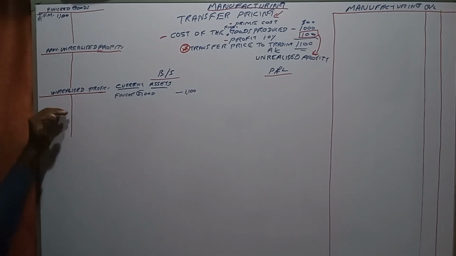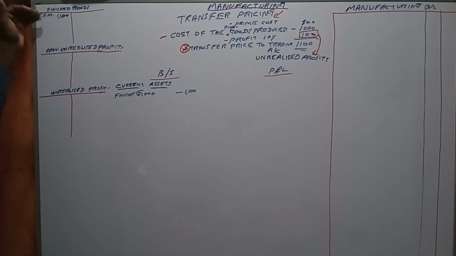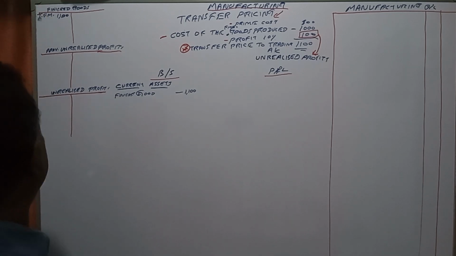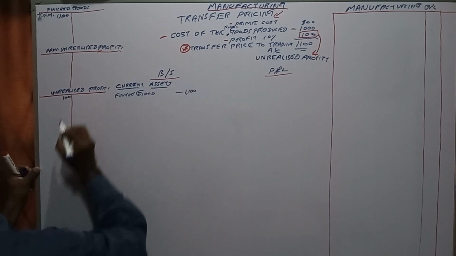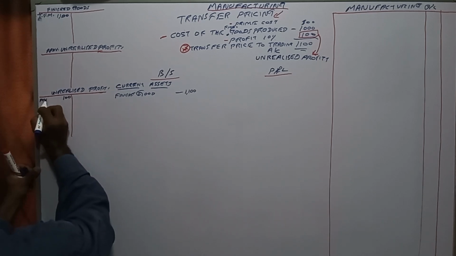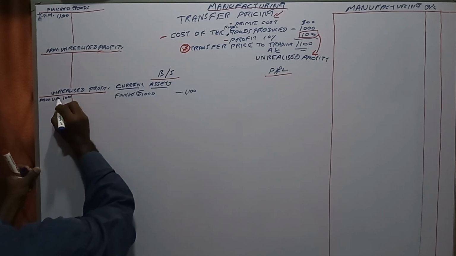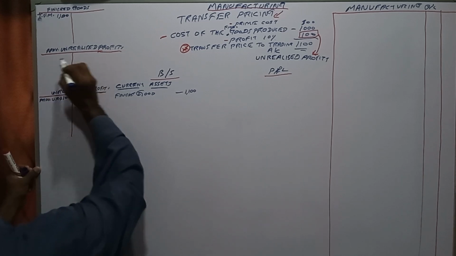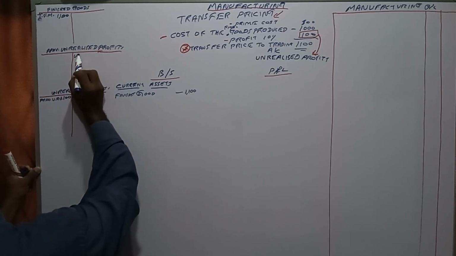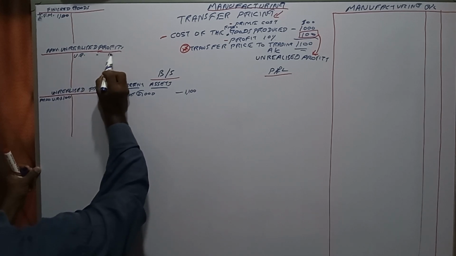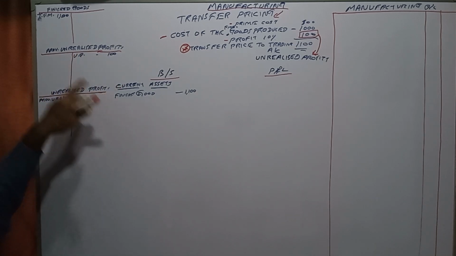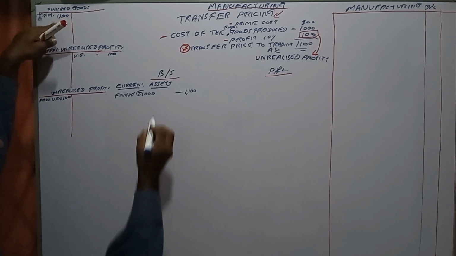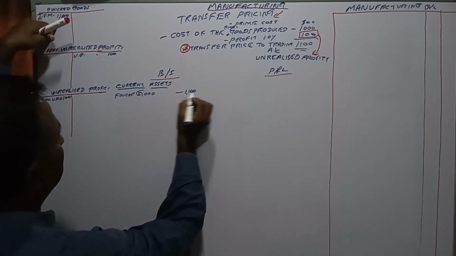So if you want to make a provision, what is the entry? Unrealized profits account debit 100, provision for unrealized profits credited 100. The provision for unrealized profit, the finished goods amount will come under the current assets.